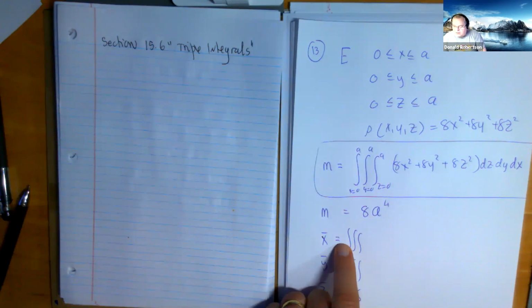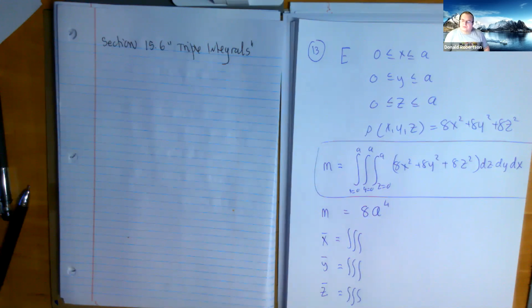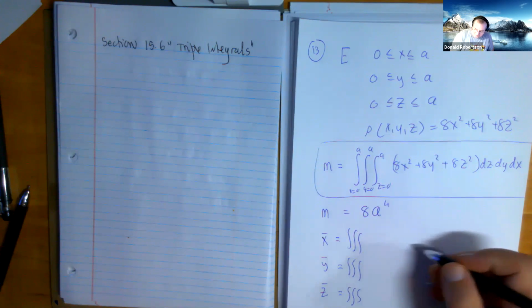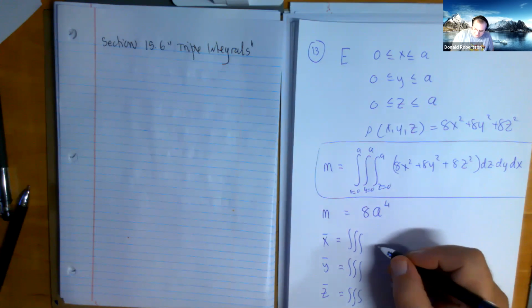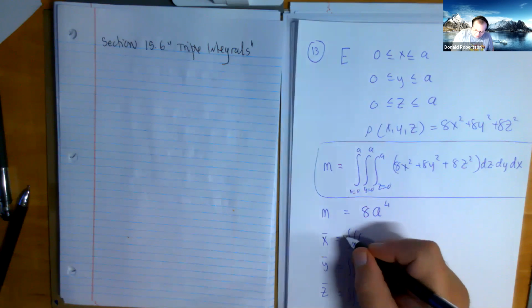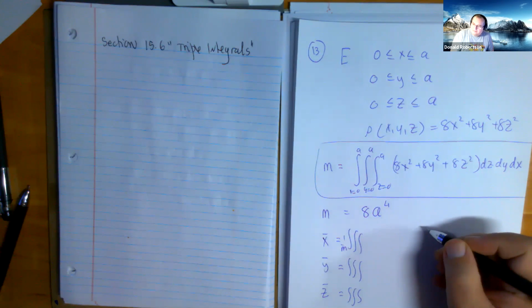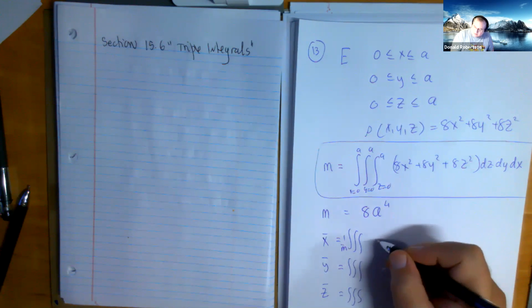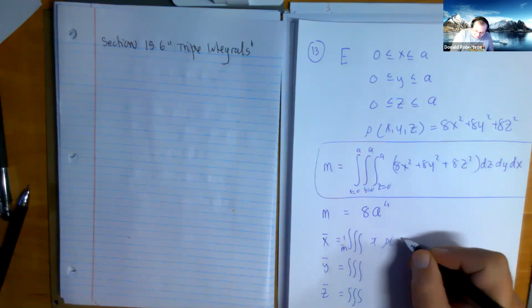What do you think the formula for X bar is going to be? Well, what would it be in 2D? Wouldn't it be X times the density function with 1 over M? Agreed? X times the density function.